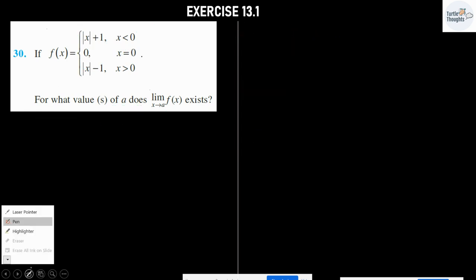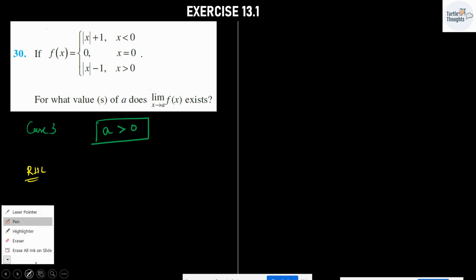less than 0, the third one is going to be case 3 for a which is greater than 0. Whenever I take a which is greater than 0, what do you think the value of the limit is going to be? So let me write the value of RHL over here, or first let me take the LHL, then I'll go with the RHL.